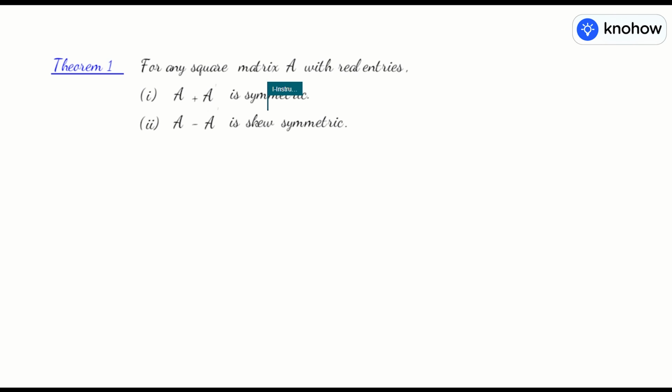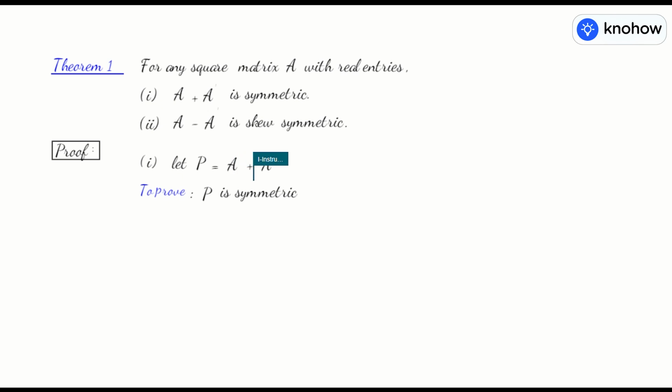Let's take the proof of the first part. Let P denote A plus A dash. We want to prove that P is a symmetric matrix. It will be so if I get P dash the same as P. So we consider P equal to A plus A dash, and now consider P dash.